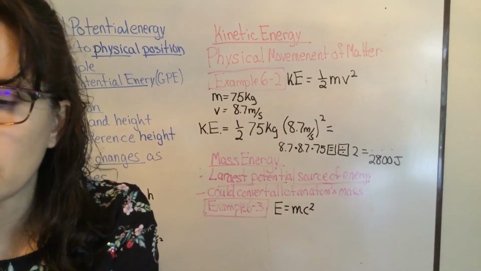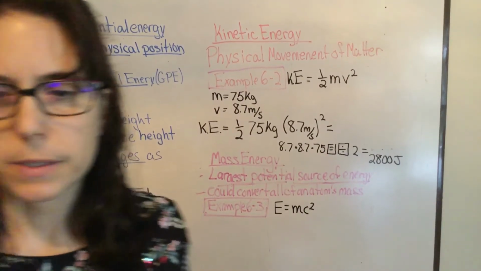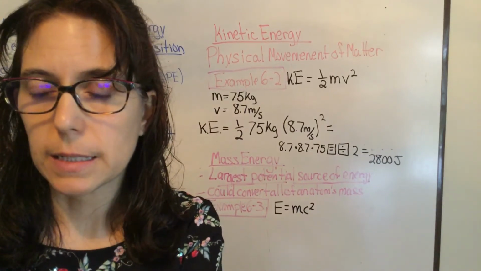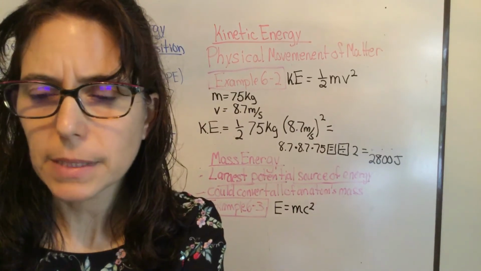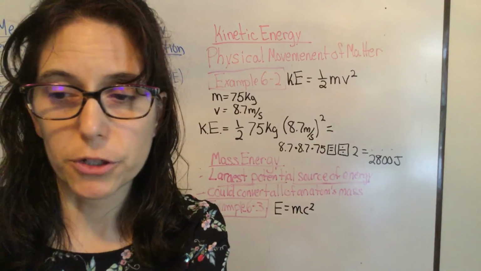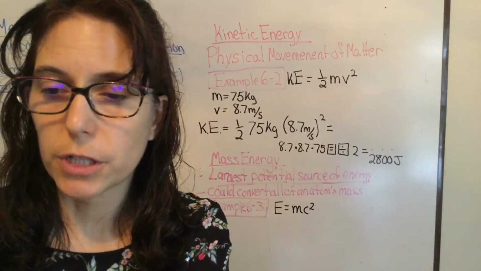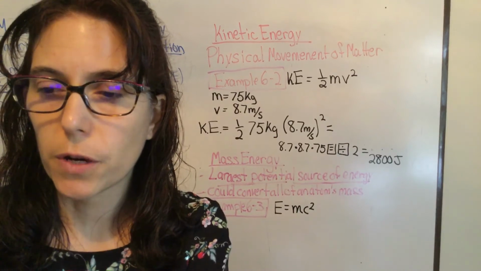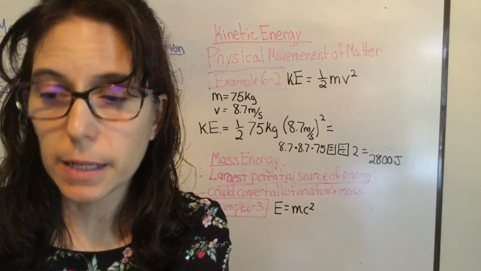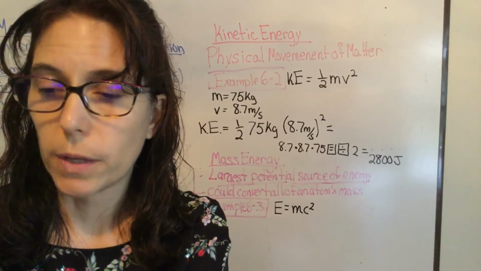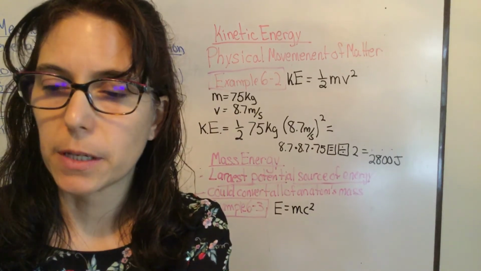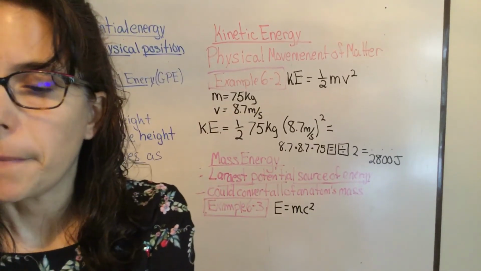All right, so go to page 118, example problem 6.3. It says, how much mass energy in joules could be obtained from the complete conversion of a 138 gram media player. Okay, that's a lot of mass being converted. So let's write that down.